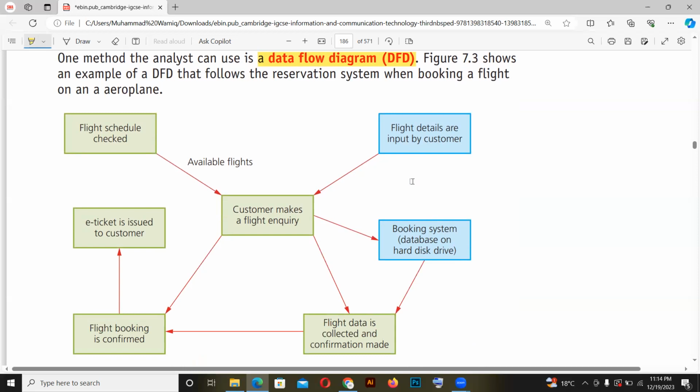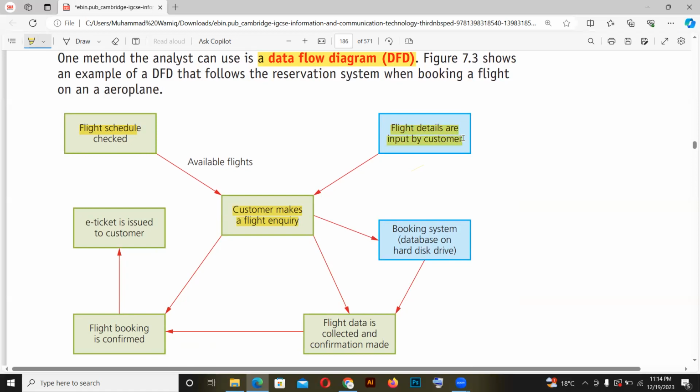Like, for example, if you can see that this says flight schedules checked. So flight schedules are mostly checked just after your customer has made a flight inquiry. Your flight details are inputted.